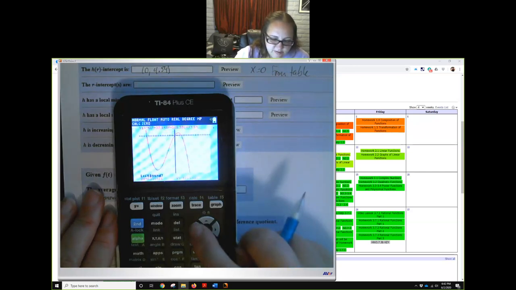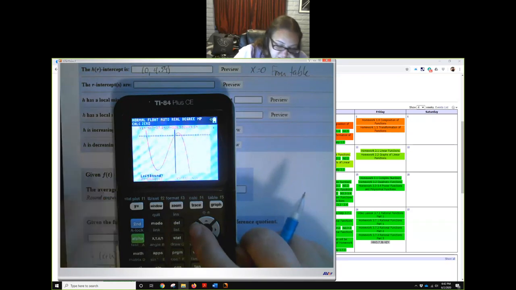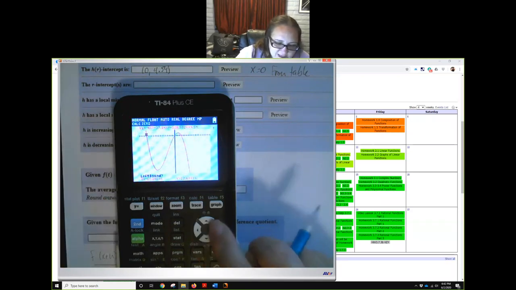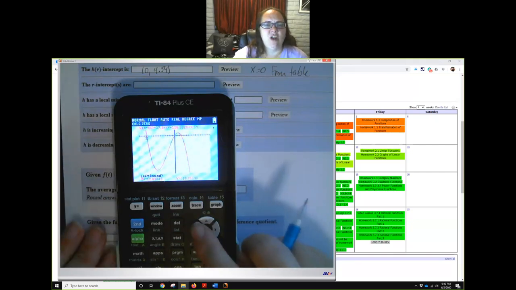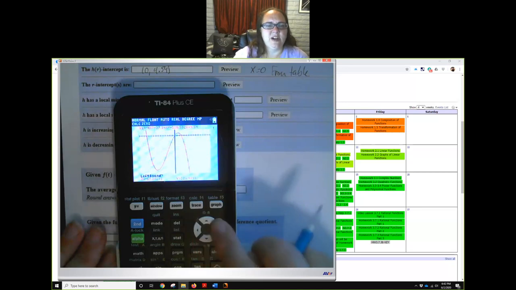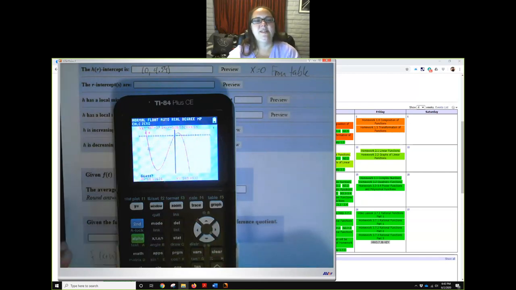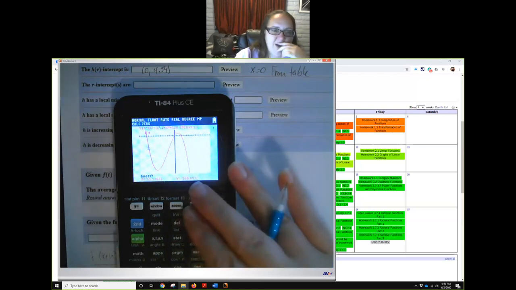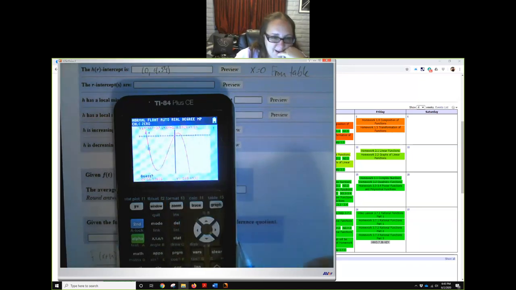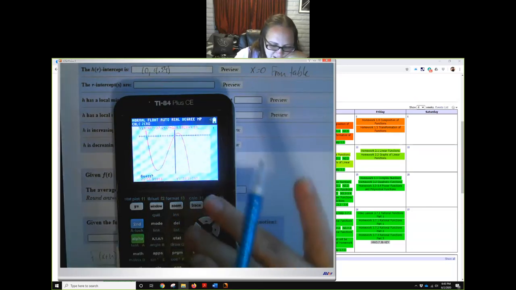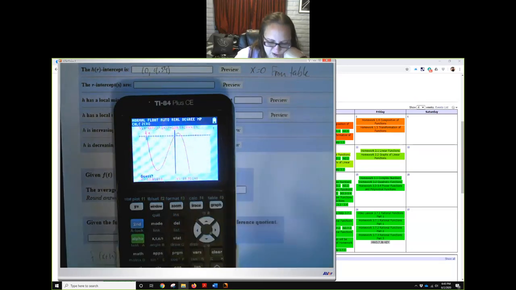This little cursor that pops up, we're going to move it to the left, anywhere to the left of where it looks like it crosses, and then press enter. Then we're going to move it to the right, anywhere to the right. What you're telling the calculator is, find for me the place where it crosses in between this X value and this X value. So I'm saying in between here, find me the place where it crosses the X axis. And now guess just gives me the opportunity to try to get close, but guess is stupid, so just press enter.